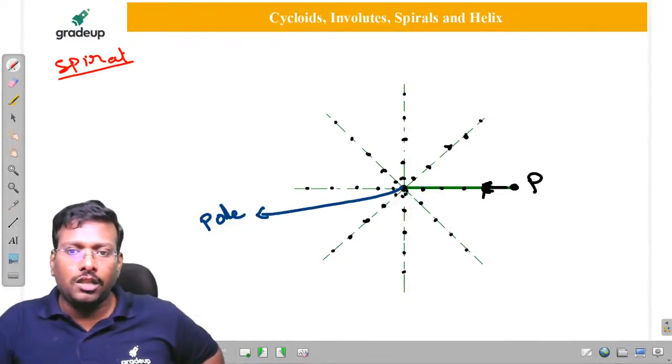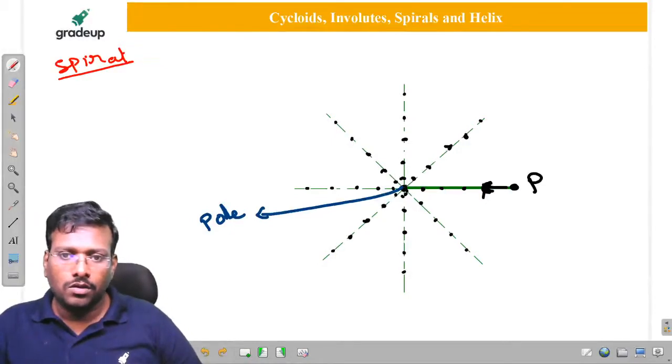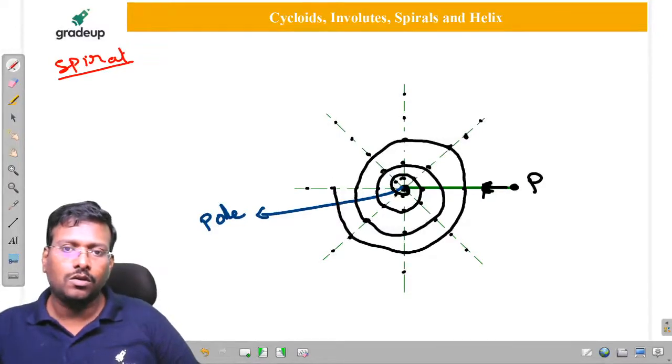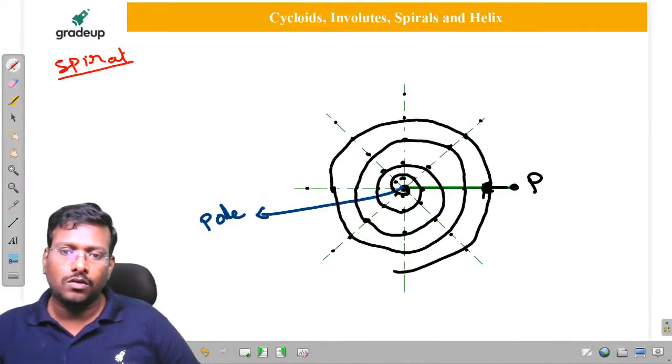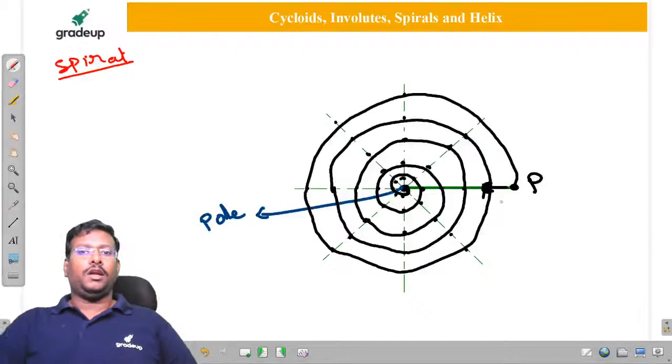So if you join all these points as a smooth curve, it is called a spiral.